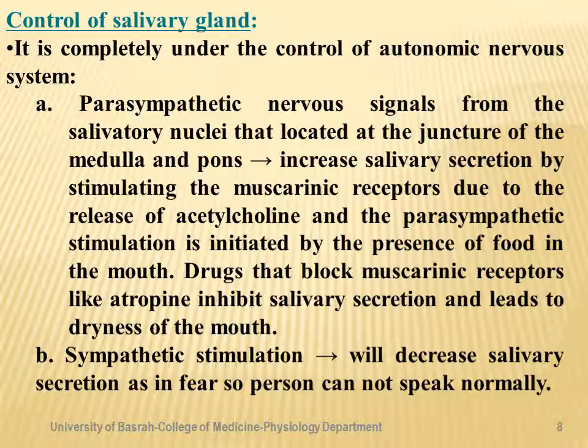Parasympathetic stimulation increases salivary secretion by stimulating the muscarinic receptors, and acetylcholine is the neurotransmitter. The parasympathetic stimulation is initiated by the presence of food in the mouth. Usually when food enters the mouth, it can stimulate the parasympathetic stimulation.